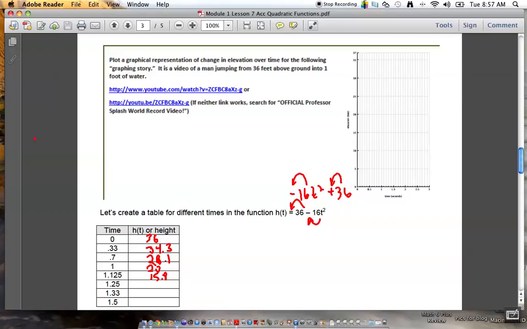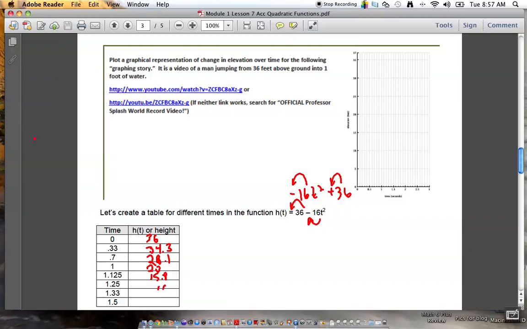Next, negative 16 times 1.25 squared plus 36. That's 11. Now, negative 16 times 1.33 squared plus 36 is 7.6976.